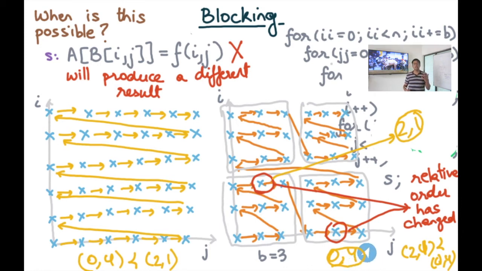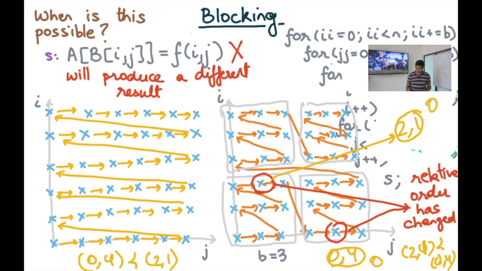In this example, both of them have a data dependency. If B of 2, 1 and B of 0, 4 were evaluating to the same value, then they would be writing to the same address. Let's say B of 2, 1 was 0, and similarly B of 0, 4 was also 0.